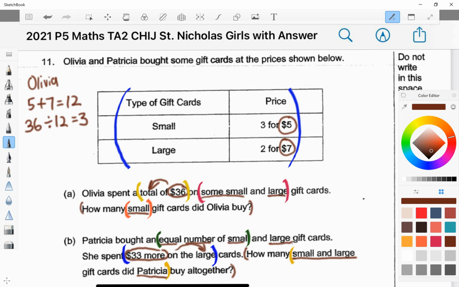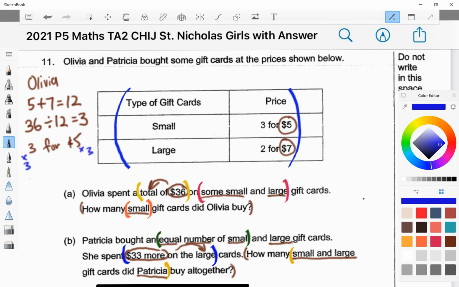It means that Olivia actually bought 3 sets of the small and 3 sets of the large. But they're not asking us for the total gift cards bought by Olivia. They just want the small. So if she bought 3 small gift cards for $5, and we know that she bought 3 sets of small and 3 sets of large, for that to happen, we are going to multiply by 3 on both sides.